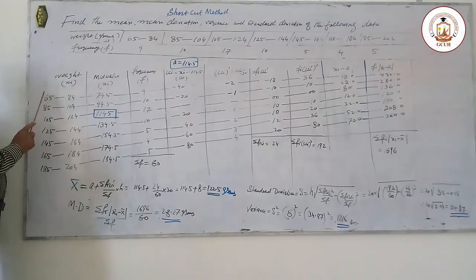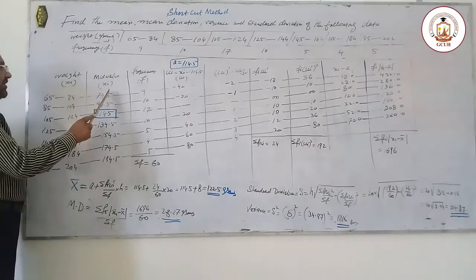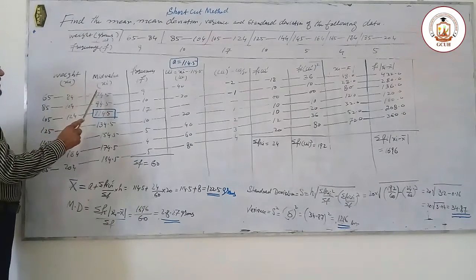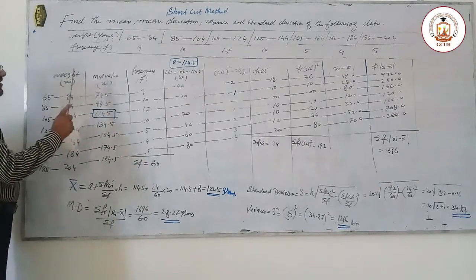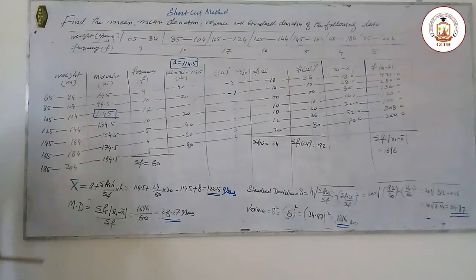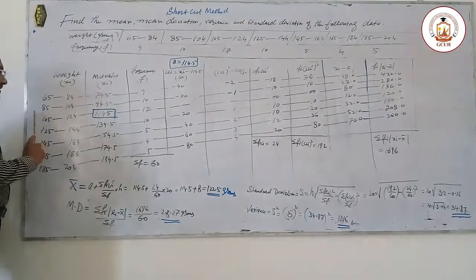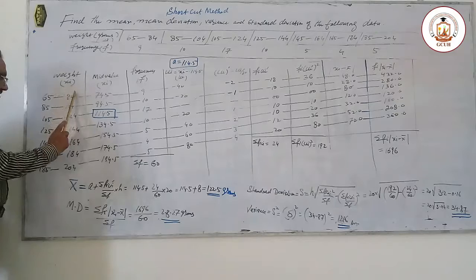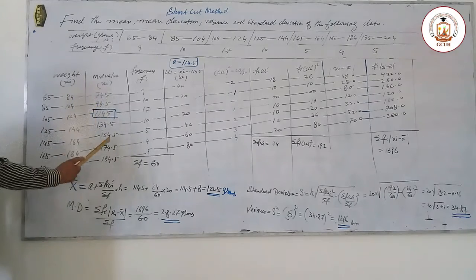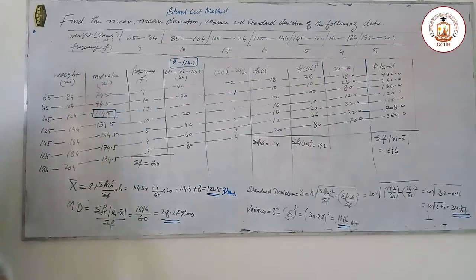When we add 65 and 84 and divide by 2, we get 74.5. The average of 85 and 104 is 94.5. The averages of all the class intervals are given in this column.